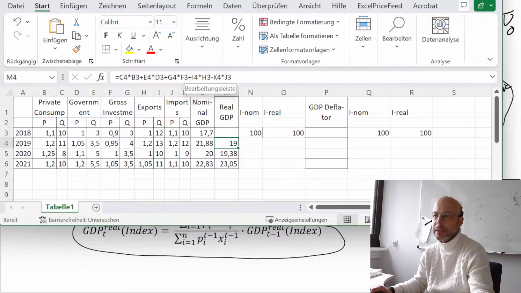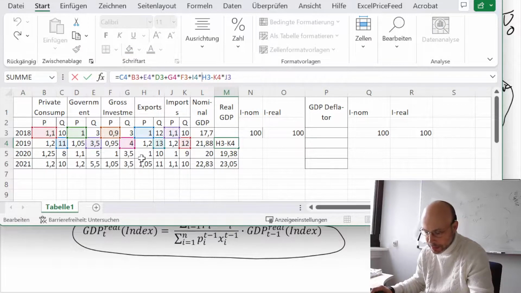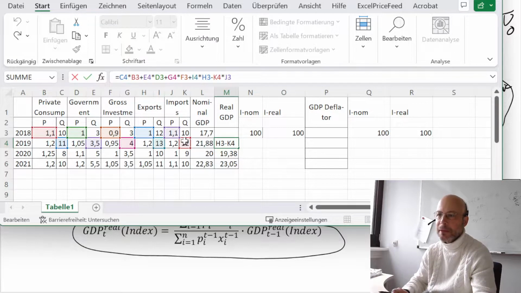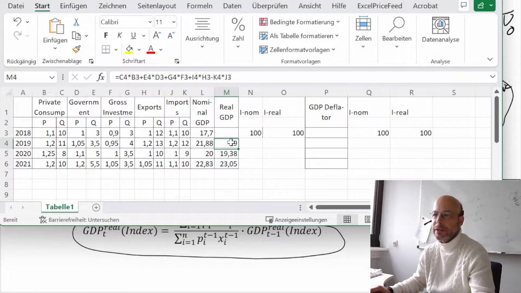Real GDP is calculated with the prices of the former period. This we see here, 1.1 times today's quantity, 1.1 for private consumption in 2019, and so on for government consumption, gross investment, exports and imports. So we always calculate the prices of the former period times the quantity of the actual period, and then we copied this down here.